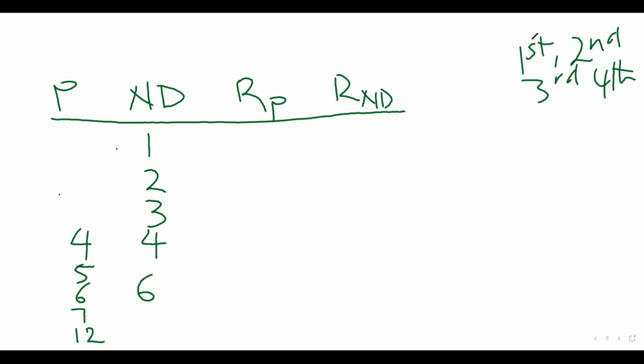Instead of second, number two. Instead of third, number three. Instead of fourth, number four. But those should not be confused with the actual numbers we have here, because these numbers could be in the tens and hundreds. So please note.